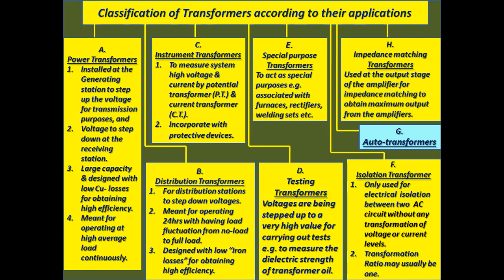Distribution transformers are used in distribution stations to step down voltages, meant for operating 24 hours with load fluctuation from no load to full load, designed with low iron losses for obtaining high efficiency.